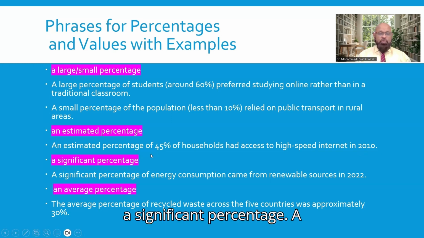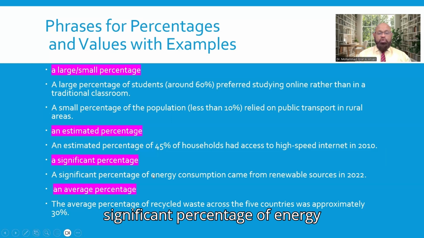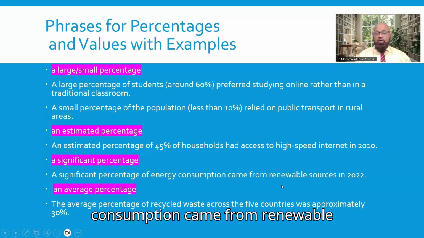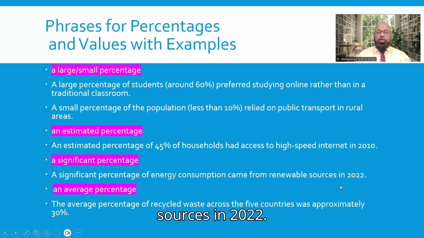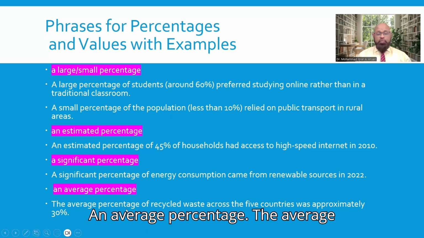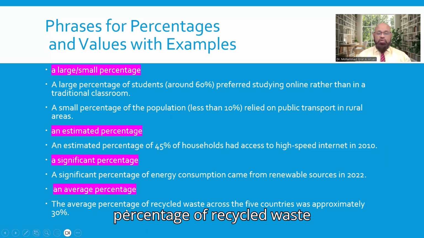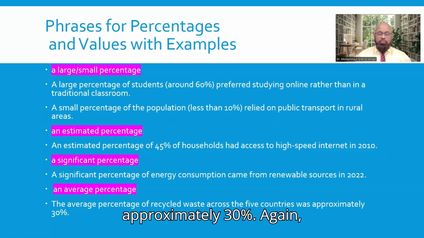A significant percentage of energy consumption came from renewable sources in 2022. An average percentage: the average percentage of recycled waste across the 5 countries was approximately 30%.